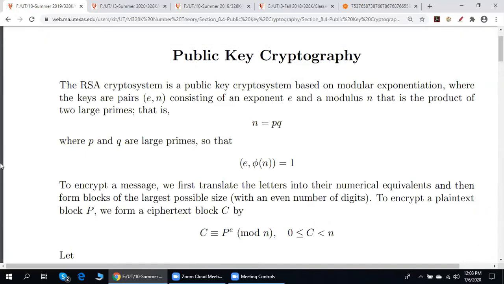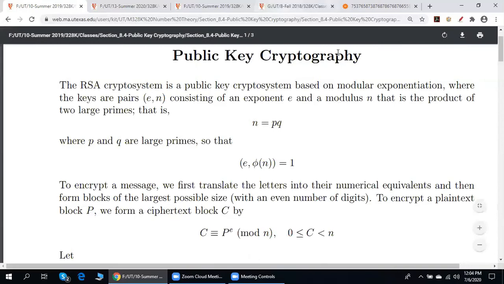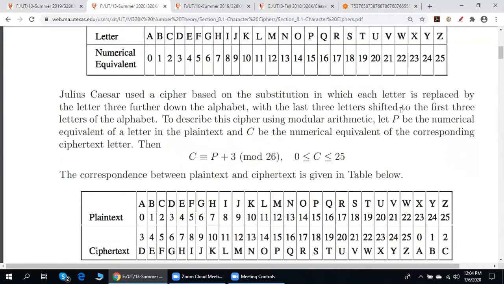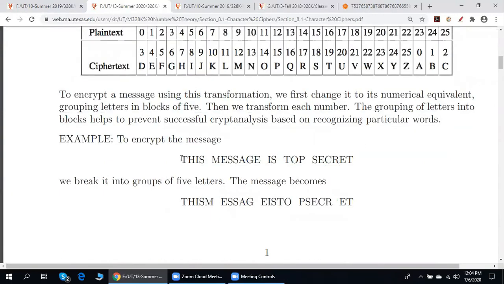Other questions? Are the p's you're talking about still referring to the 0 to 25? So your question is, how do we create p? Yes. So let me go back to this section. Here is what we do. We start with some text message.